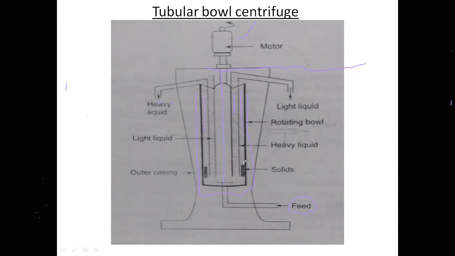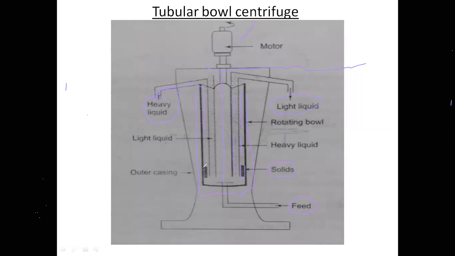When it rises, it will be separated as a heavy liquid. At the center, we can separate the light liquid. And another important point is we can separate the solids at the bottom of the cylindrical tank.